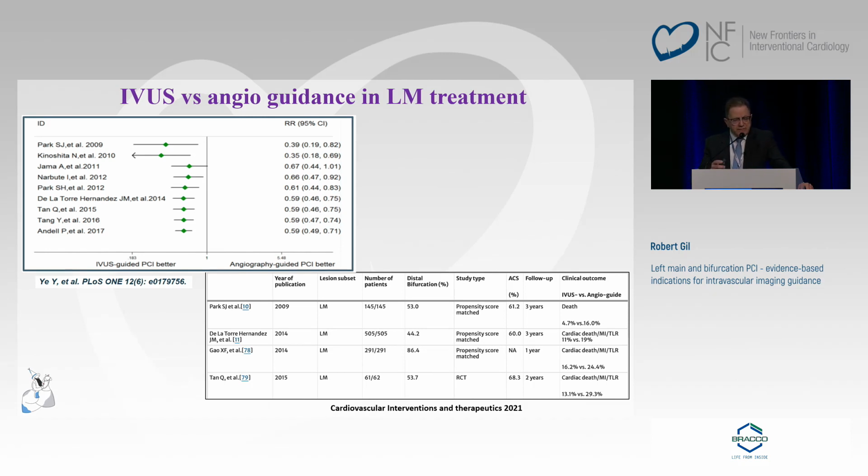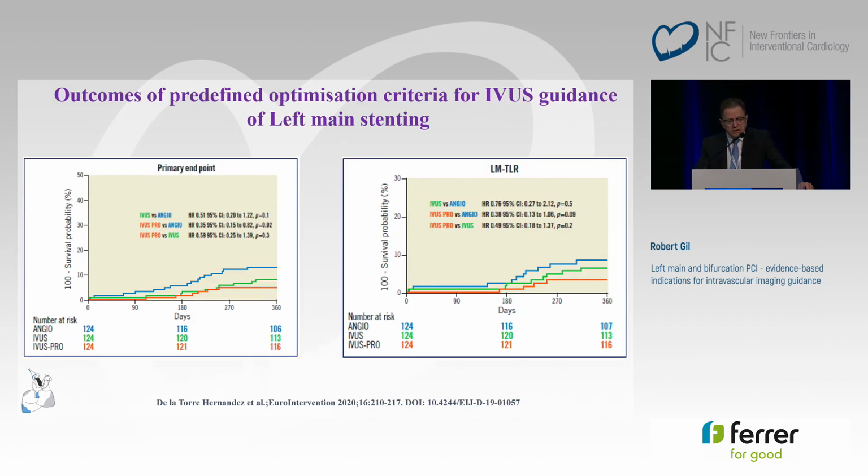Not only the fact that IVUS-guided PCI is better compared to angio, but we should also look at the precise data, very strong endpoints such as death or complex endpoints such as cardiac death, myocardial infarction, and target lesion revascularization.